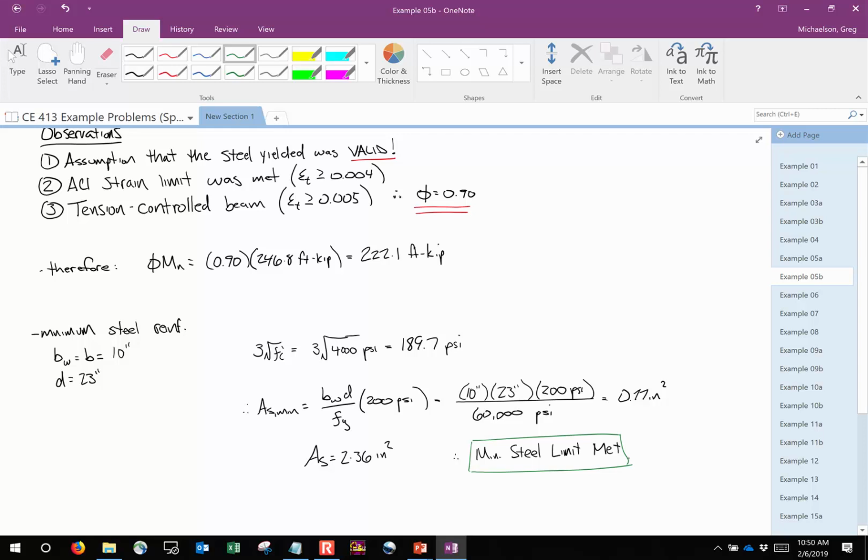Like, for instance, there's only so many different patterns of steel. Like, you could use 4 number 9s, or you could use 3 number 11s, or whatnot. And so you calculate how much you need, and then you pick whatever multiple of bars will be just over that. Does that make sense? Don't worry, we're gonna explore that. So, anything else?